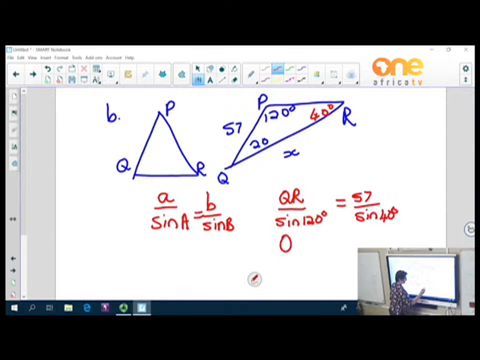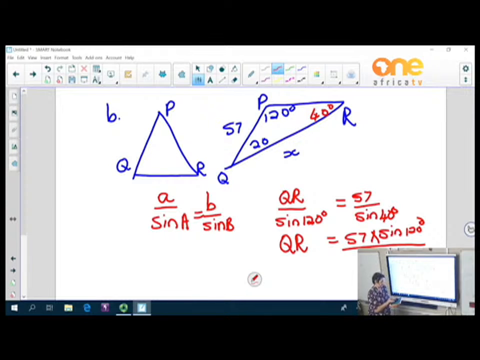And again, to get QR now, I will multiply here, and I will also multiply on the right-hand side, sine 120 degrees, divide by sine 40 degrees. So on my calculator, 57 times sine 120 divided by sine 40.